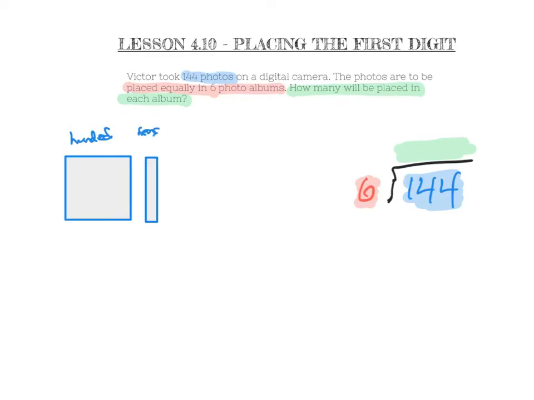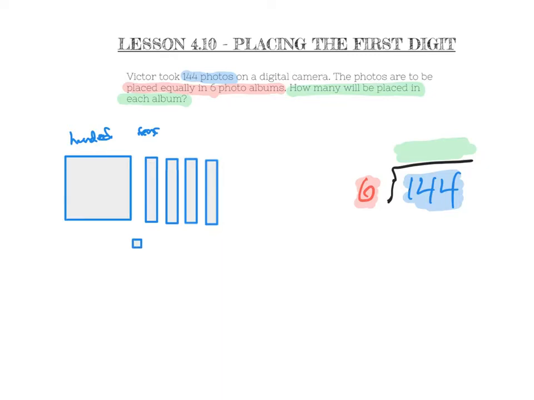So I have 144. How many tens am I going to have? Remember place value. That's right, I'm going to have 4 of these. That's 140, and now I need my little ones.